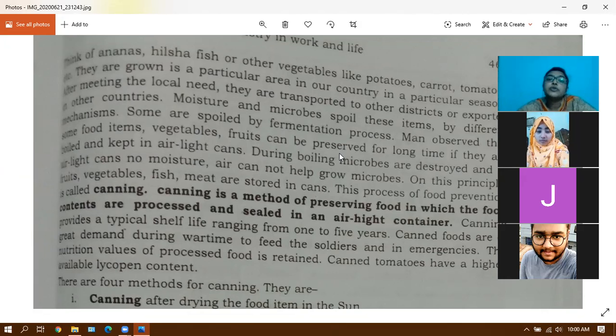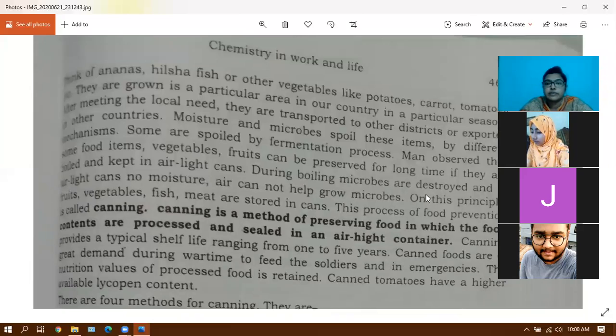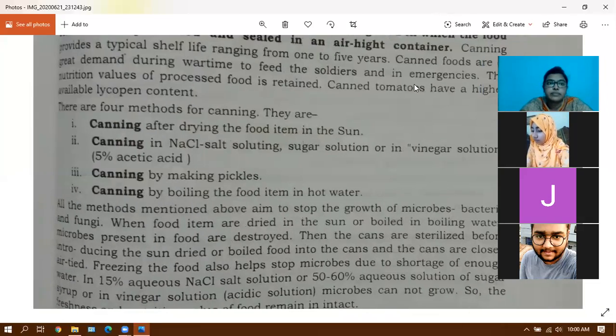During boiling, microbes are destroyed. This process is called canning process. That is, canning is a method of preserving food or vegetable in which food contents are processed and sealed in airtight container.